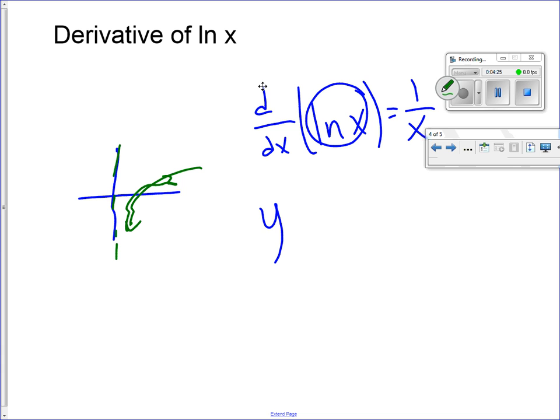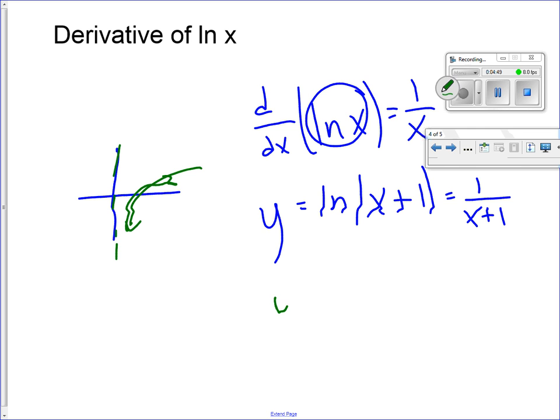You can only put positive values in for x. So a lot of times what you'll see is something like y equals the natural log, and then there'll actually be an absolute value sign because you can only take the natural log of positive numbers. So the derivative of that would be 1 over x plus 1.